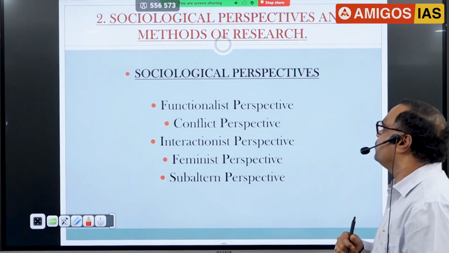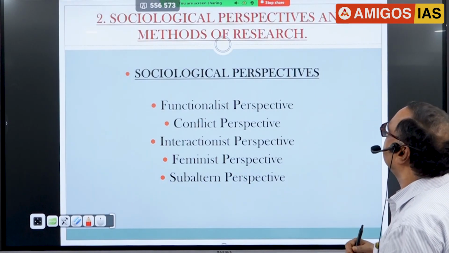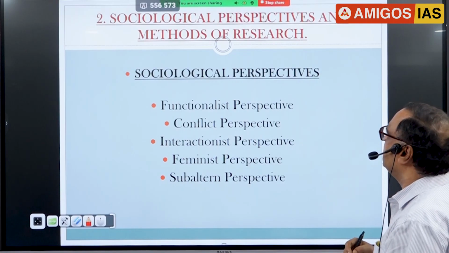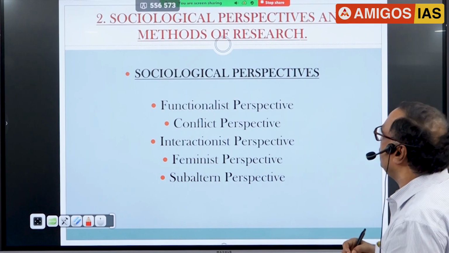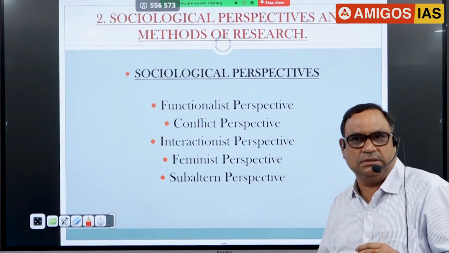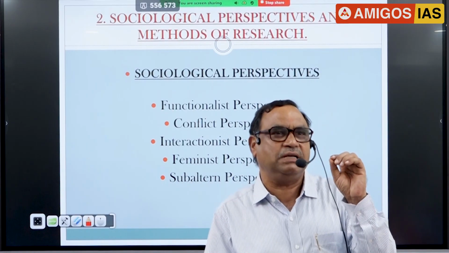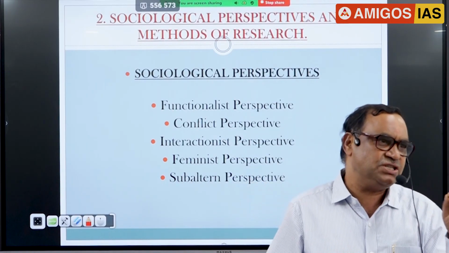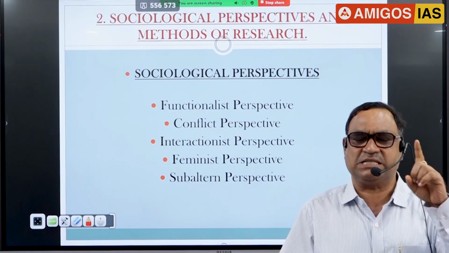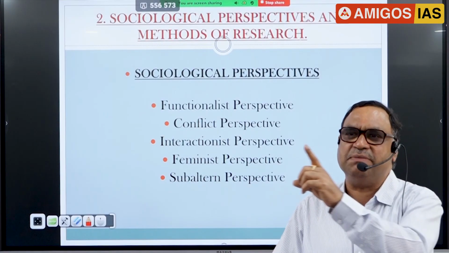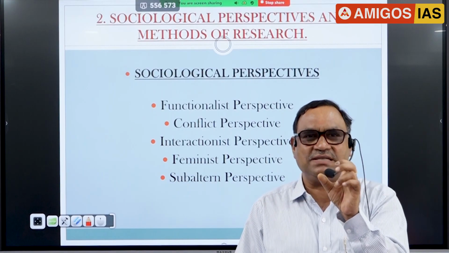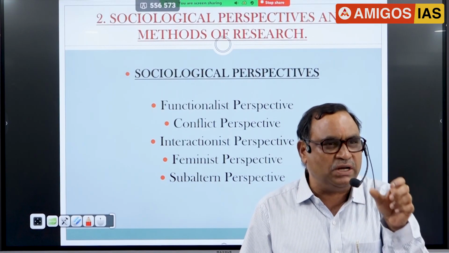Then, sociological perspectives. I told you there are three important aspects in sociological studies: perspective, method, and methodology. So this is the terminology which you need to slowly understand.